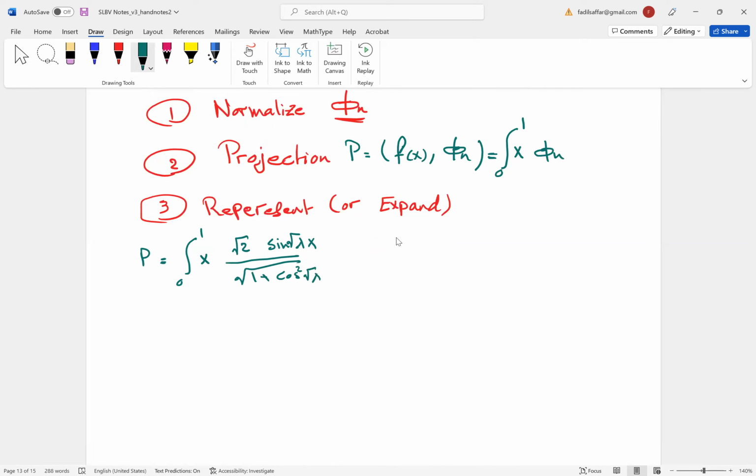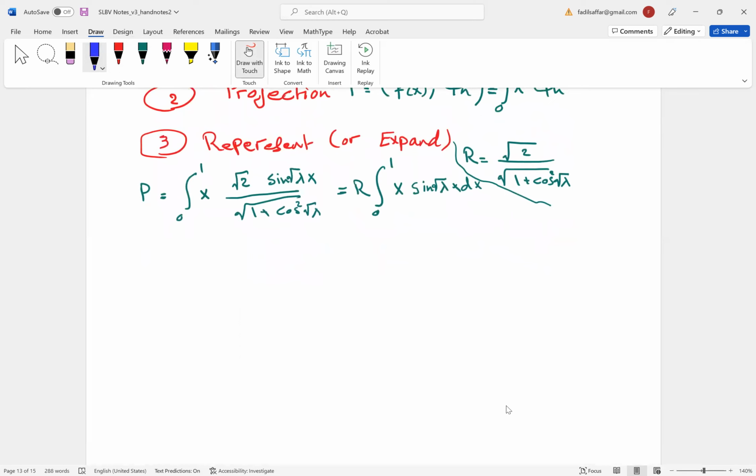These parts are just constants, so we can take them out, and for simplicity, let me just call r equal to square root of 2 divided by square root of 1 plus cosine square root of lambda. I'm calling this part r. So now we have r times the integration from 0 to 1 of x times sine square root of lambda times x dx.